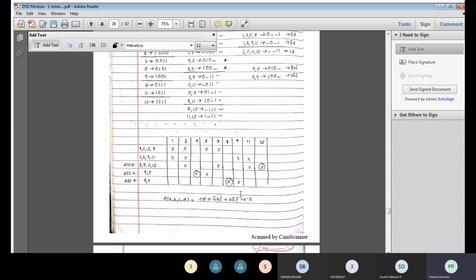Okay, it is A bar D. So I've taken A bar D over here. I can leave this one. Why? Because 1 is covered here, 3 is also covered here, 9 is covered here, 11 is covered here. So I can take this one.